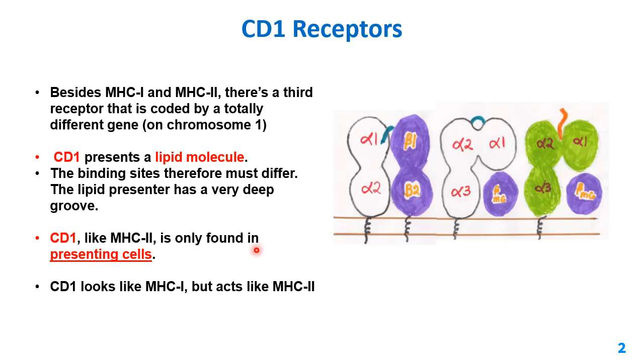Okay, so where is it that you're going to find this CD1 family of antigen-presenting molecules? You're going to find them on antigen-presenting cells. Okay, so your antigen-presenting cells are going to have also some of those CD1 family molecules.